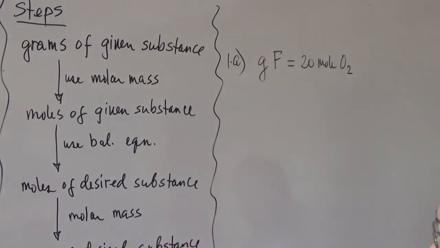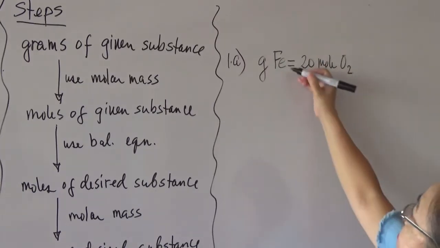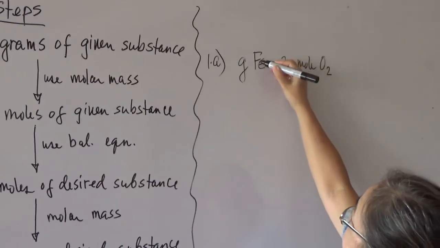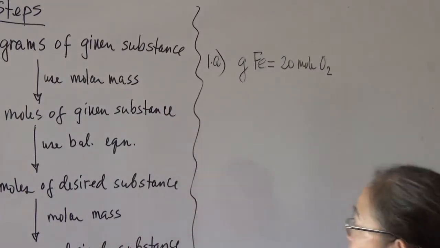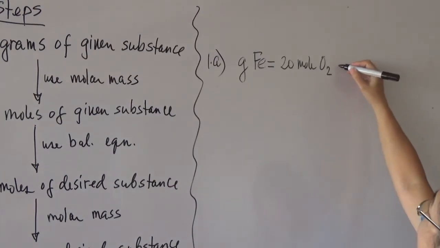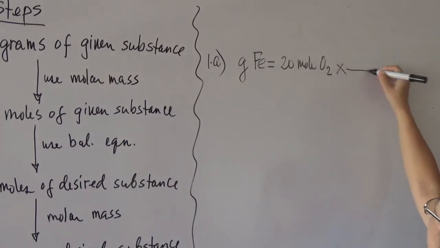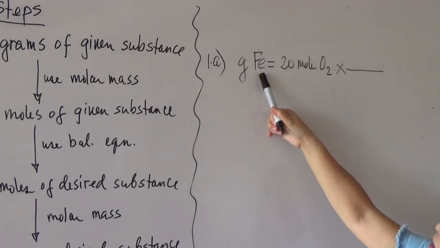What is the desired substance? That is iron. Okay, so the desired substance is iron, and the desired unit is in grams. So since the given is already in moles, you can change this one to moles of the desired substance. The desired substance is iron.